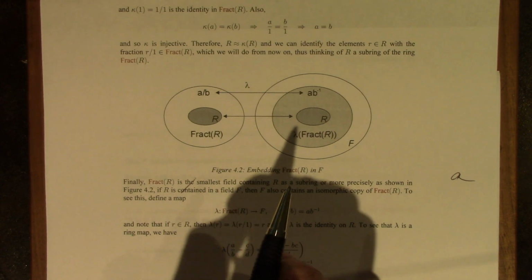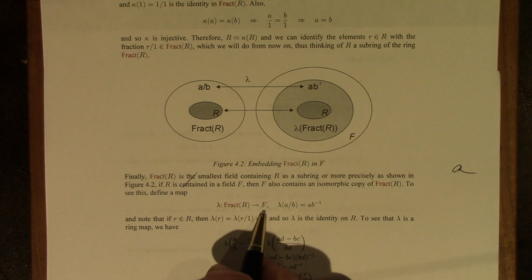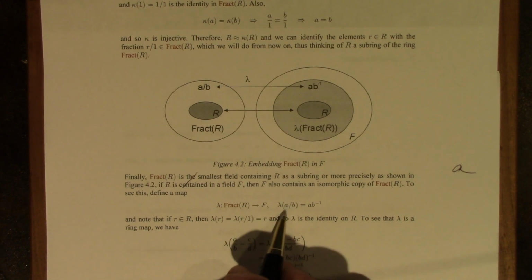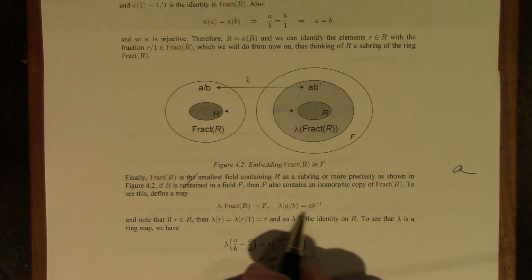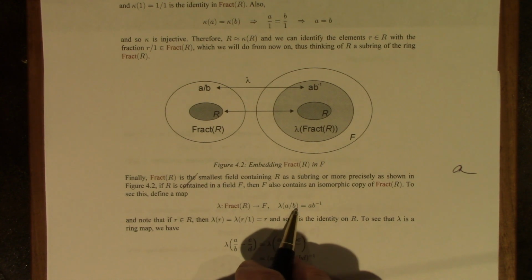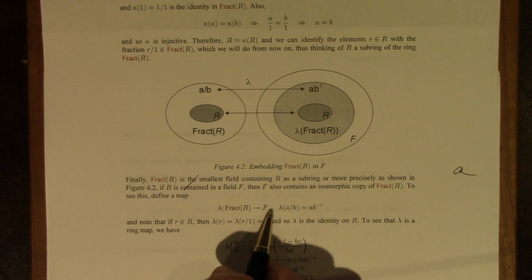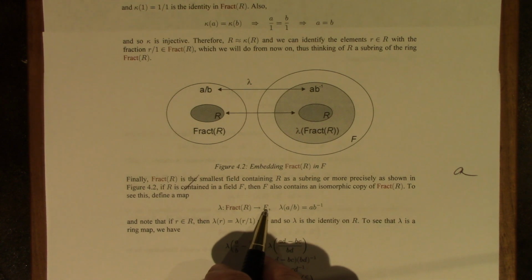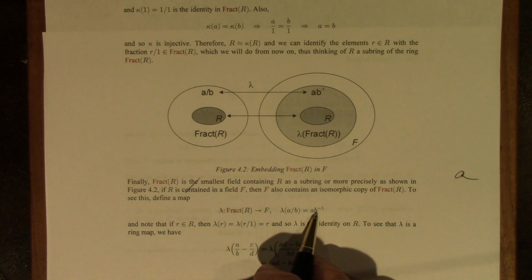As to proof for that, we just define a map from fract R to F by lambda of A over B is A B inverse. This makes sense. B is non-zero, and therefore in F, because it contains a copy of R, B is in F, so it has an inverse.